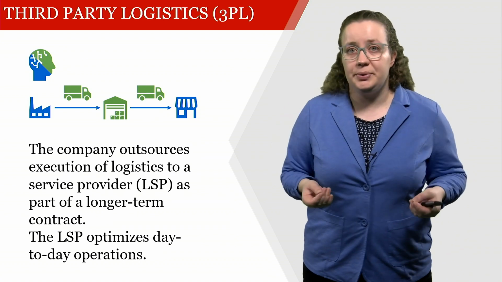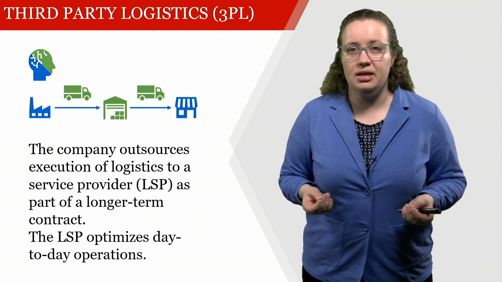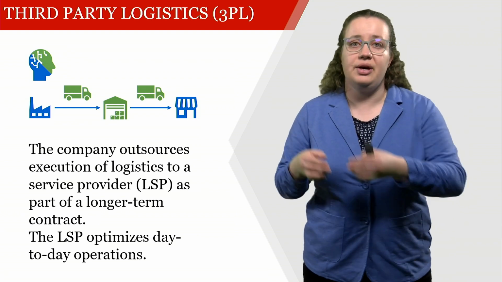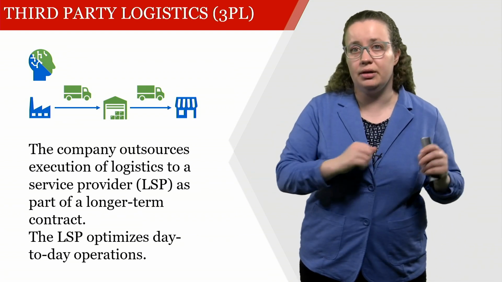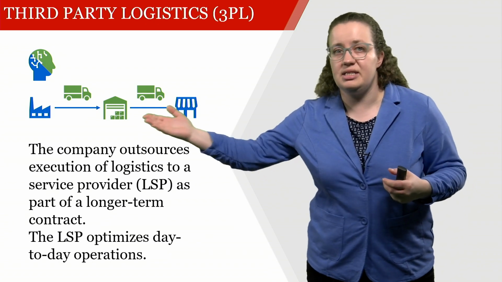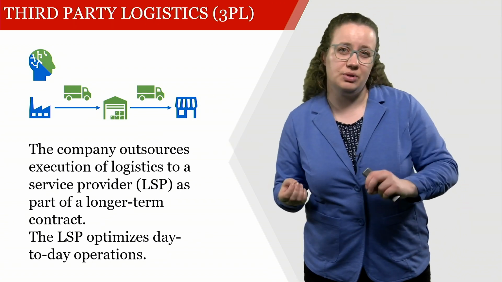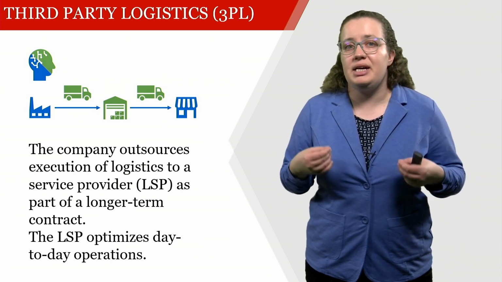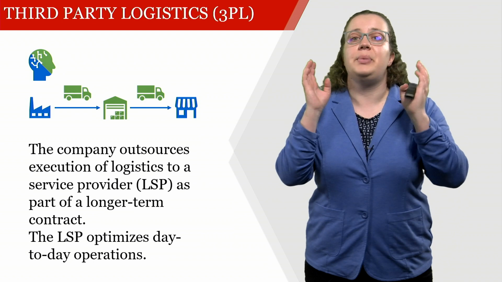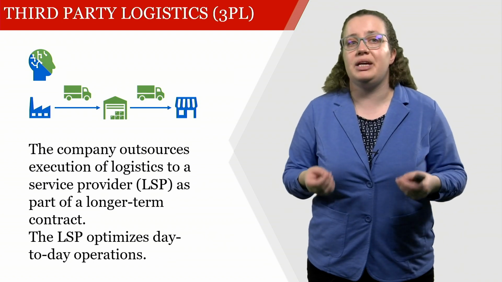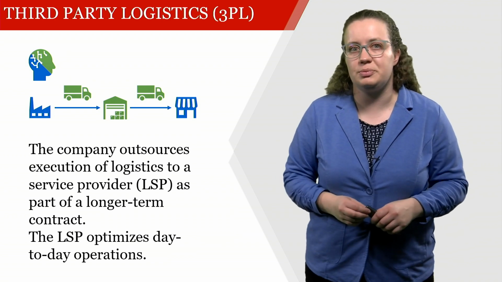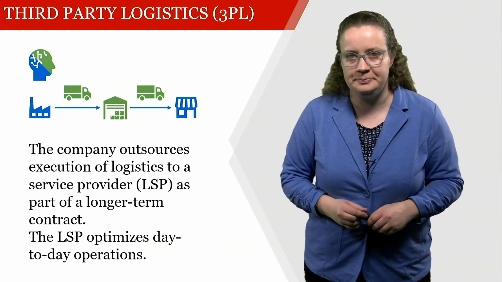So the company, in our case Lithography SE, tells their LSP, this is what I would like to have. I would like to ship goods from here to here. The LSP might then decide, okay, we're using these warehouses, we're transshipping here, we're transshipping there. So they're optimizing over the day-to-day operations, but the longer-term vision, etc., remains with the company that actually needs the transport, so in our case, Lithography SE.